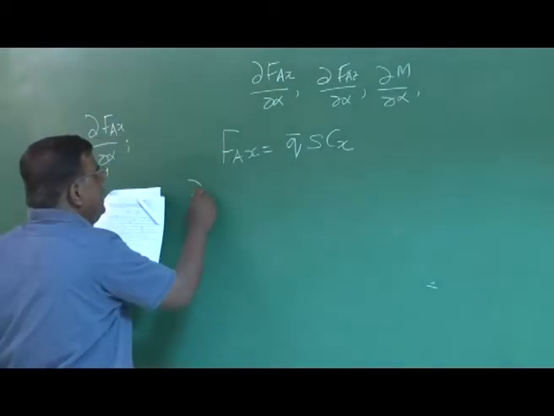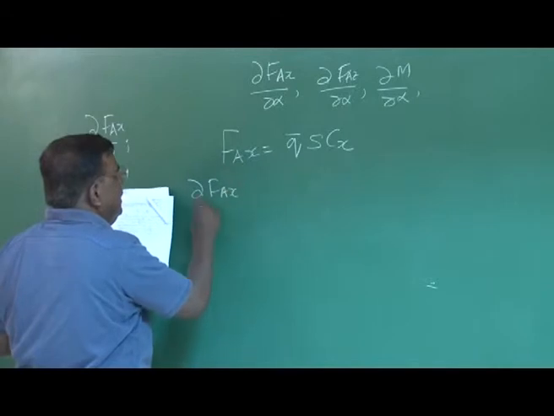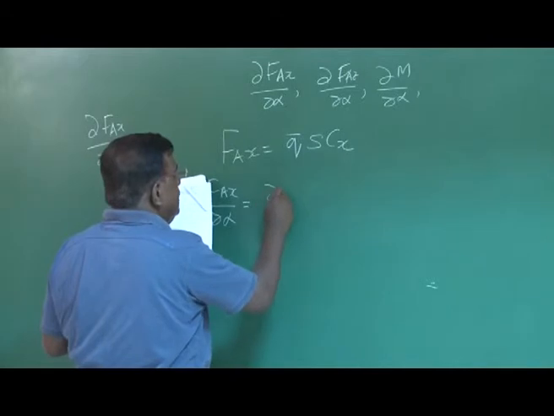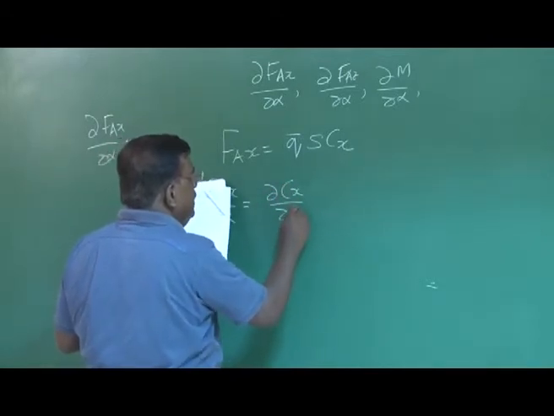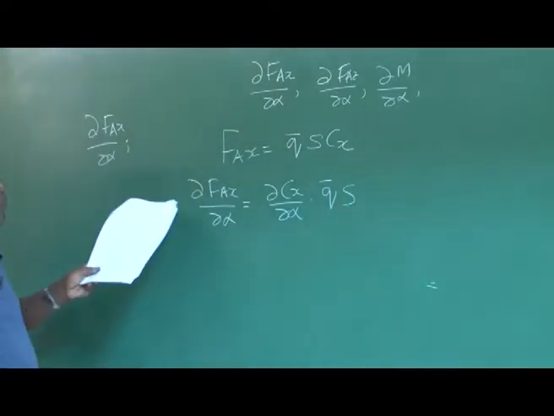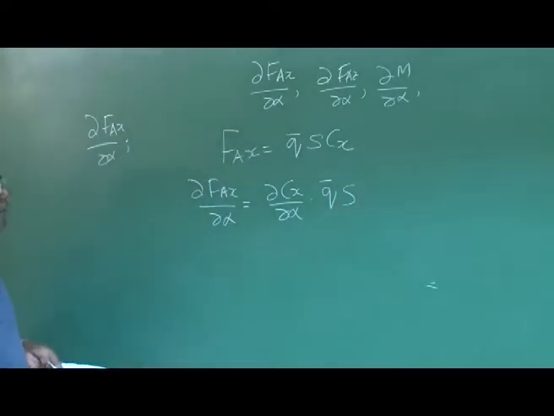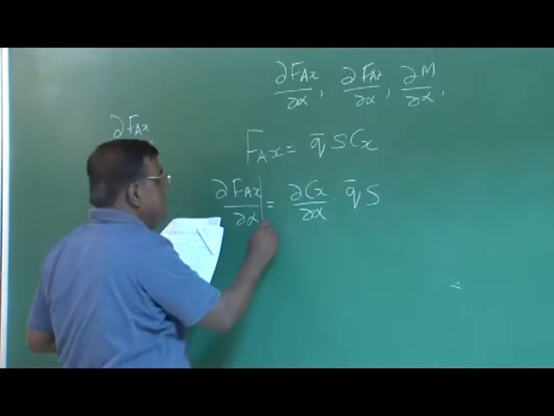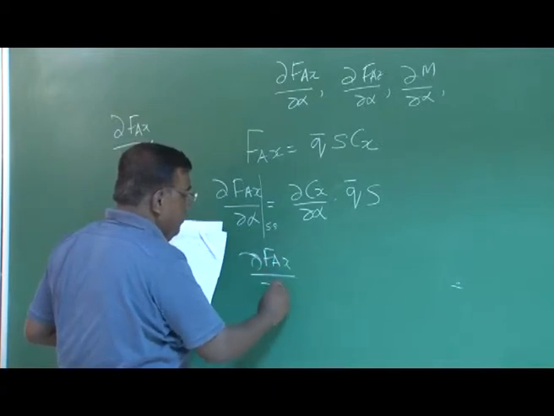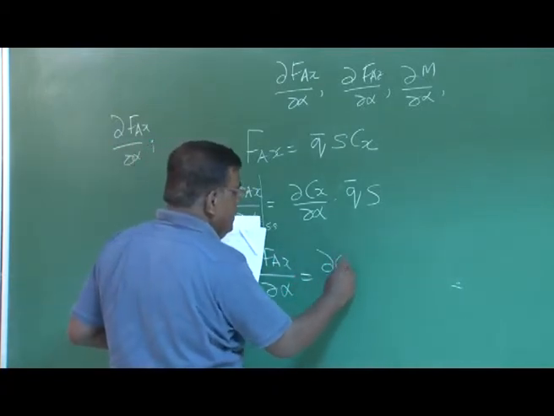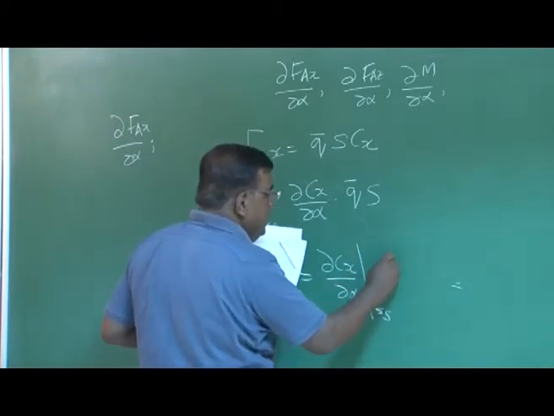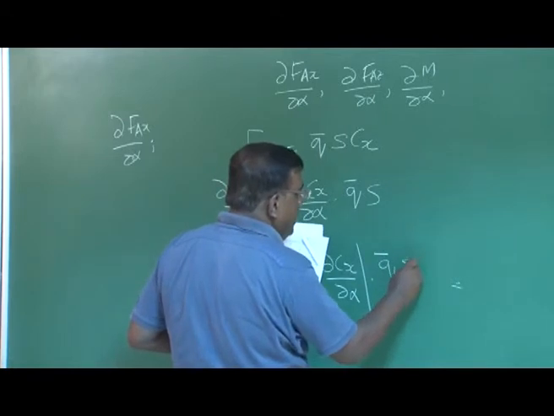So dFax by d alpha will be equal to dCx by d alpha into q bar S. But we know that we have to derive this expression dFx by d alpha at steady state. So at steady state, dFax by d alpha will be dCx by d alpha evaluated at steady state, and for q bar we write q1 S.